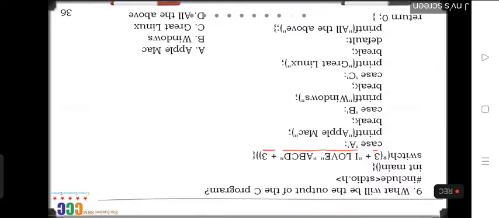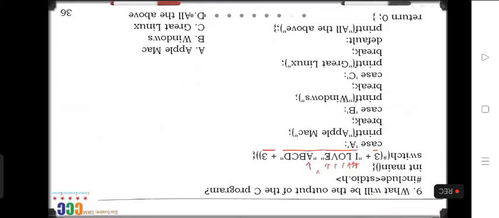Counting 1, 2, 3, and then 6, and the next character is what?